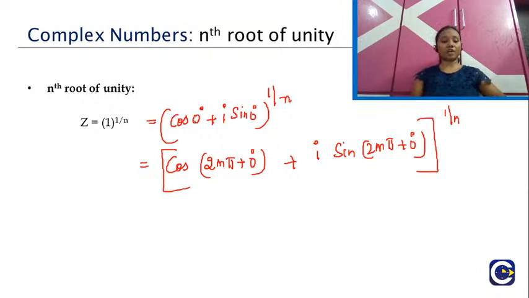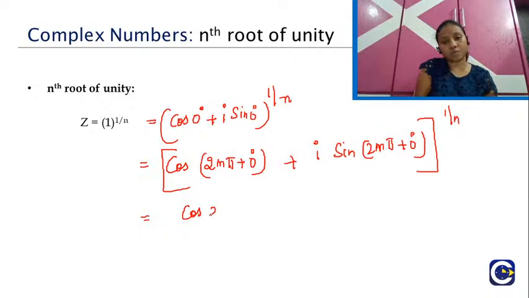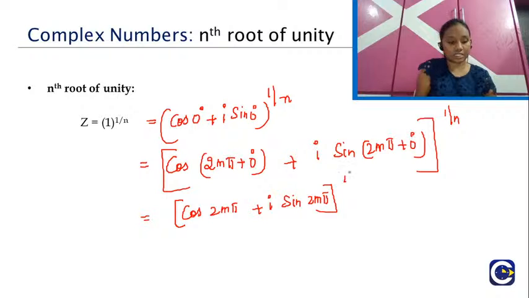So instead of taking only the 0 degrees angle, in general form I have written cos of 2m pi plus 0 degrees plus i sin of 2m pi plus 0 degrees. As the 0 can be eliminated, I can write cos of 2m pi plus i sin of 2m pi, and the whole power 1 by n is the same.